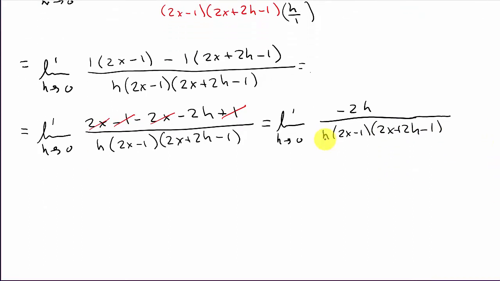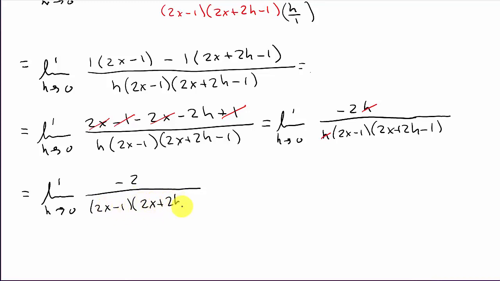It's working out. The h's cancel out, and that leaves us with the limit as h goes to 0 of negative 2 over 2x minus 1 times 2x plus 2h minus 1.